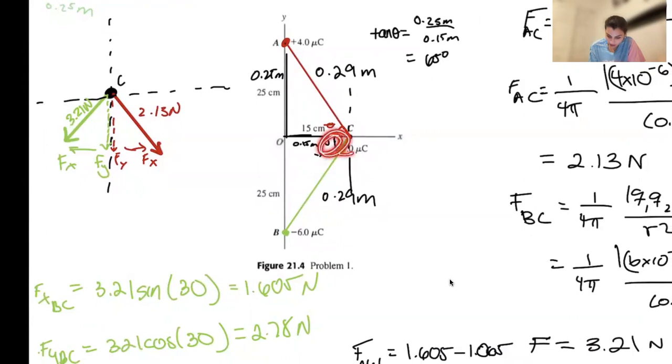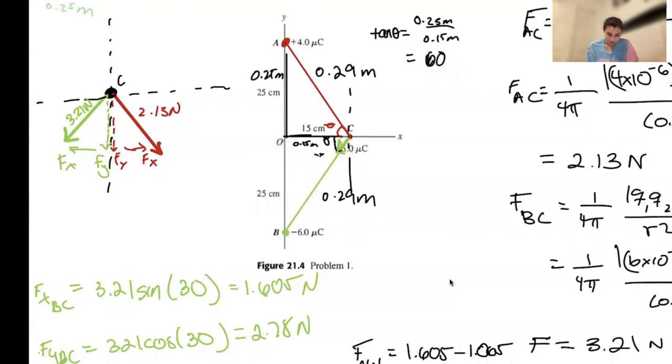I got this angle by using tangent, or the arctan, to find theta, and that gave me 60 degrees. I'm sorry, I wrote this incorrectly when I did the math. This gave me 60 degrees, and so then this has to be 30 degrees.